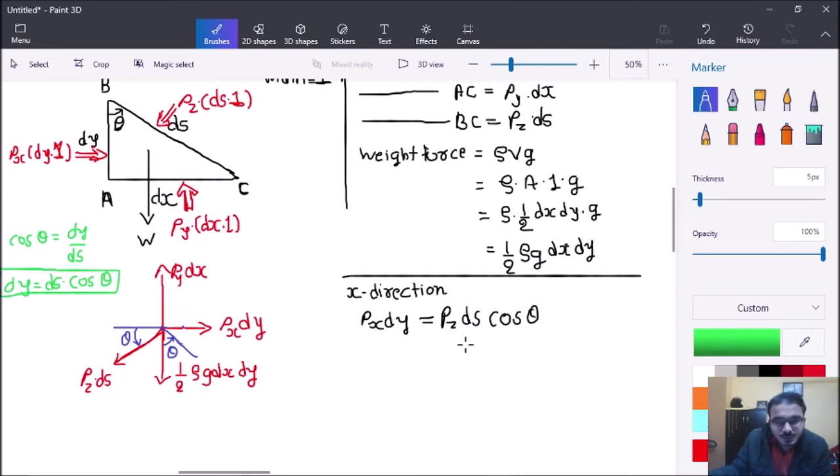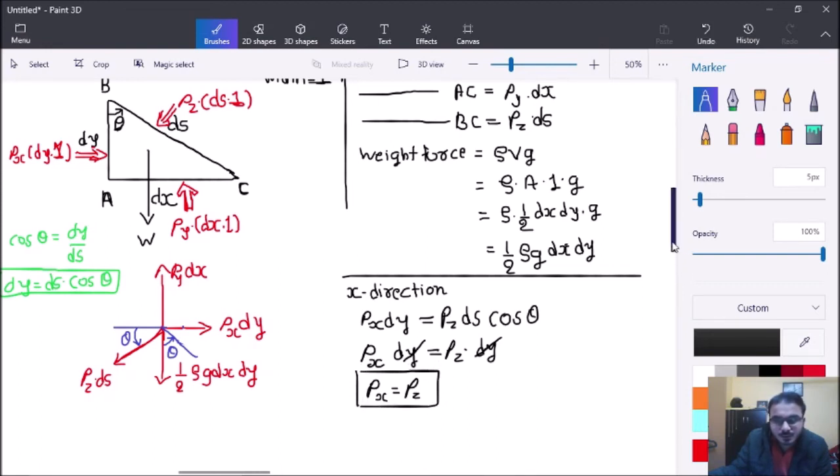So here we can say that Px dy is equal to Pz into dy. So now Px is equal to Pz. So this is what we have achieved here after this.